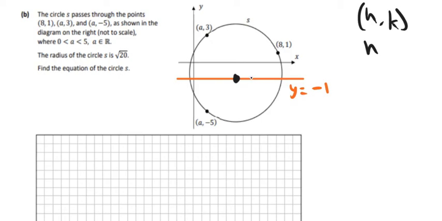So h, -1 is going to be the center, and that will give you a starting point then. So that's the important thing to see.